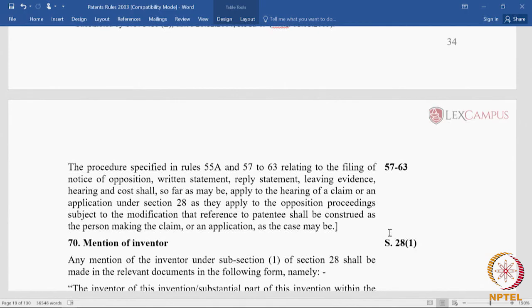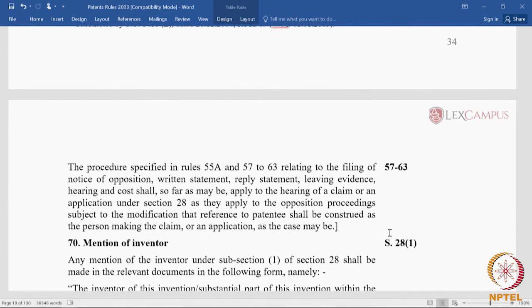It is an ideal example because there are two parties, both the parties formally enter into the proceeding, they file their evidences, the controller hears them and gives a decision. There is also an opposition board in those proceedings, but here both the parties have a remedy in appeal and both the parties are heard by the controller.